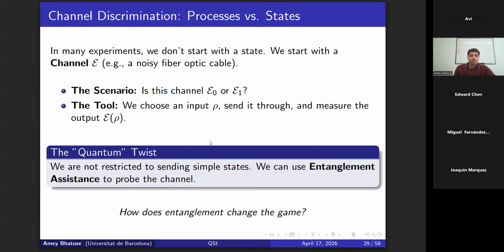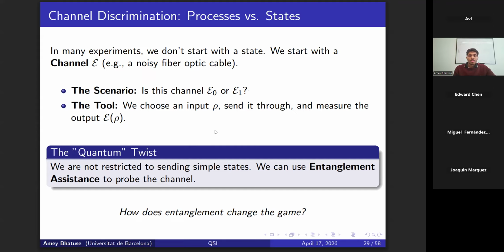So in this scenario, we want to check which channel it was, whether it was this one or this one. With the basic protocol, we can have an input state, send it through each of these channels, and then measure the output. If it was one output, we say it was this channel, the other output, the other channel.